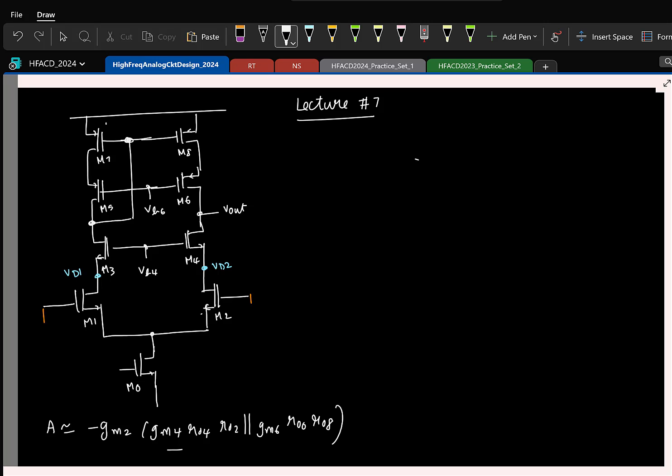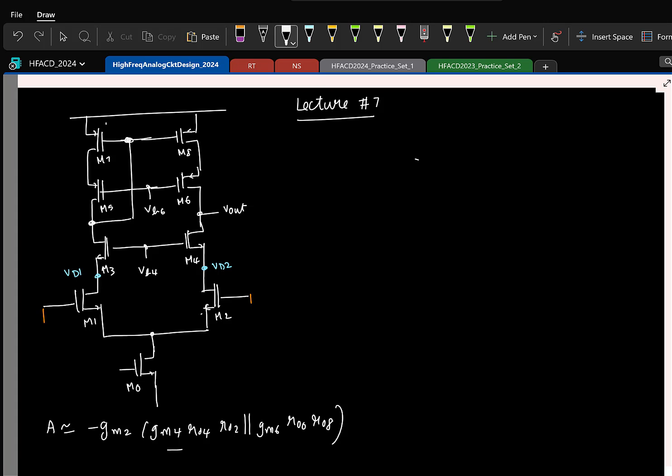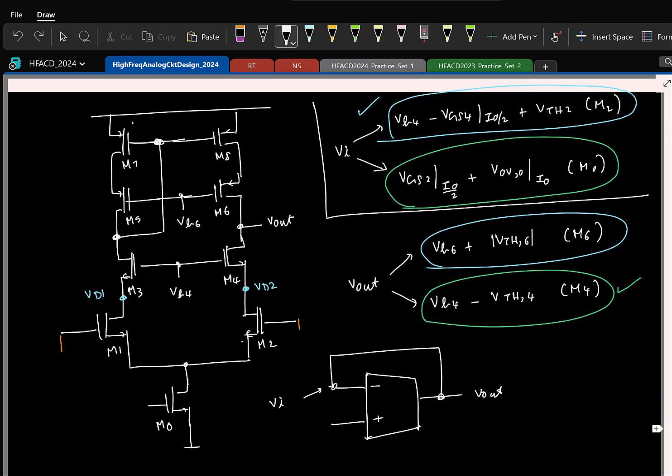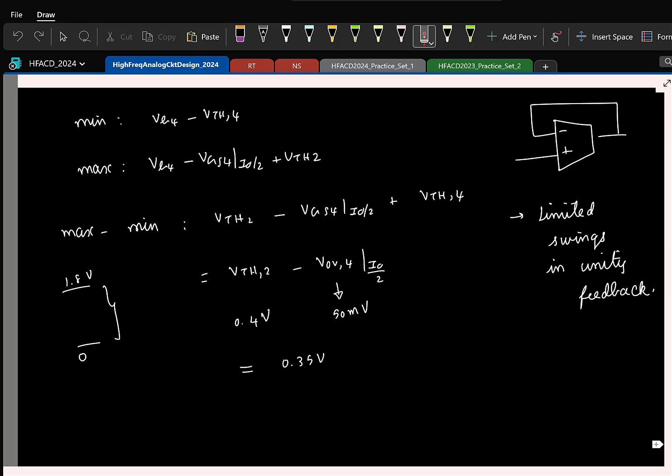And in the last class we also saw the common mode ranges at the input and the output, and we calculated that. One issue in this telescopic cascode is that when you put it in unity feedback, the range of voltages you can accommodate is really small, around 350 millivolt or so.